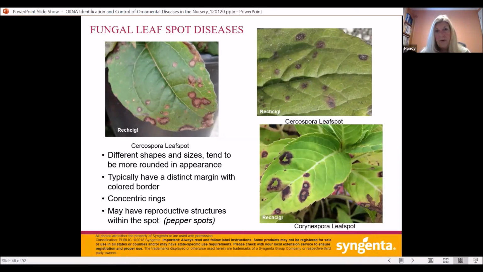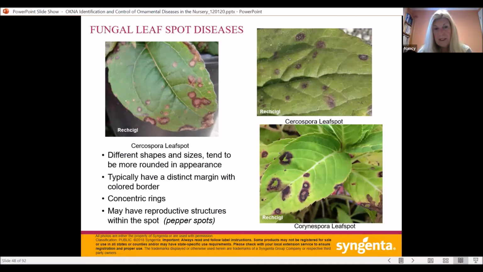But generally for fungal leaf spots, what you should note is that they do have very distinct margins. If you look down here at the bottom on the Cornespora leaf spot, you can see the dark red area around that leaf spot. Here, Cercospora, similar. You sometimes get a very dark brown or dark red area around that leaf spot.